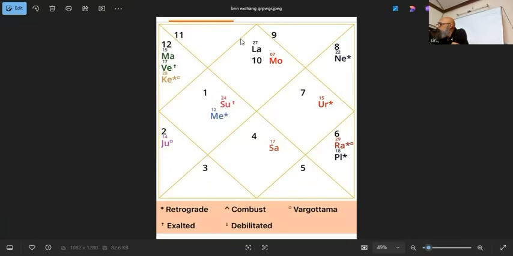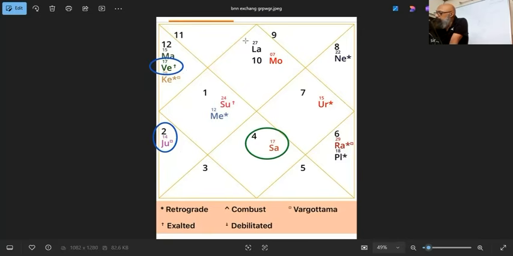Now follow my blue circle. Jupiter in Venus Rashi, Venus in Jupiter's Rashi, and an exalted Venus. Those who have observed it well, see Saturn and Moon exchange.